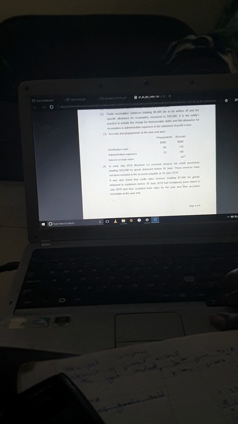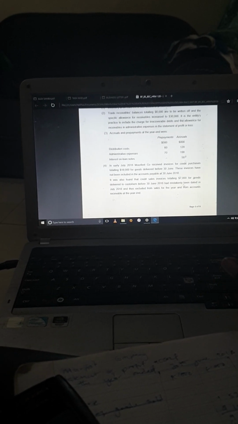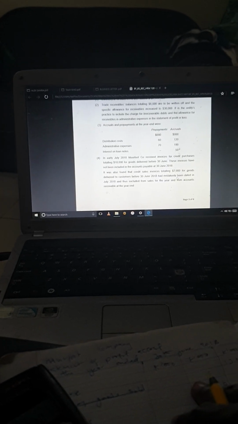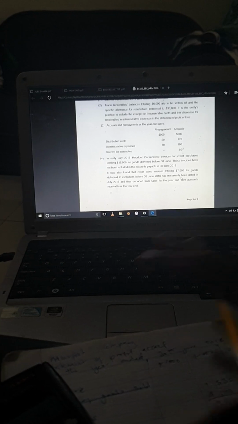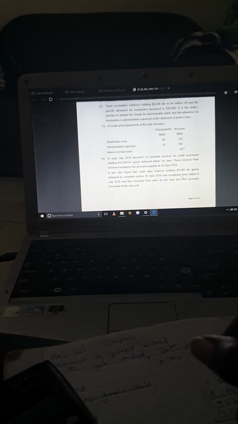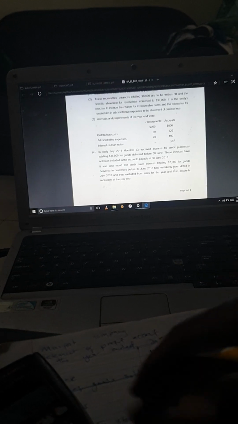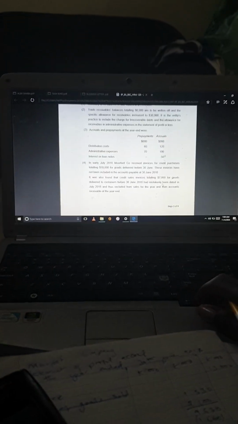These invoices have not been included in the accounts payable at 30 June 2018. So, yes, there's that information, but the fact is we are preparing this in June, and this information concerns July, which means we don't have it here. If we bring this information in, it's going to affect our accounts, which are not going to balance. So we'll not use it. We'll come back to that later.